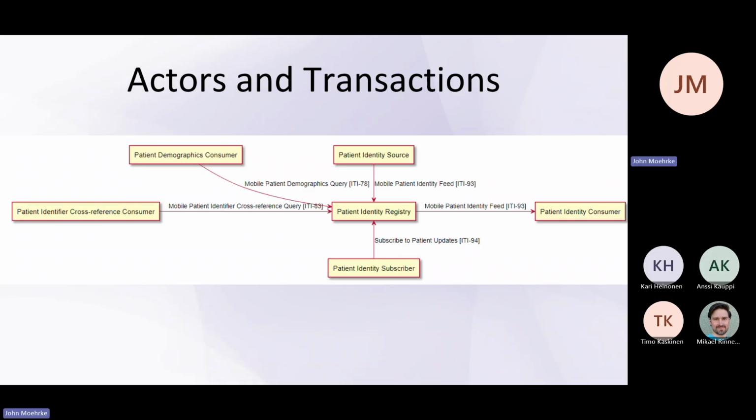And then on the right and bottom are two that work together, the patient identity consumer and the patient identity subscriber. These might be various systems within the domain that need to know about identities, but don't want to do a query. So they want to be fed the information. These probably are servers, EHRs or PHRs, or some kind of server that wants to maintain its own identities. So it can subscribe to updates, and then it will get those updates.